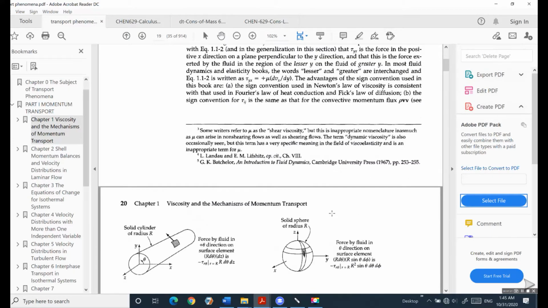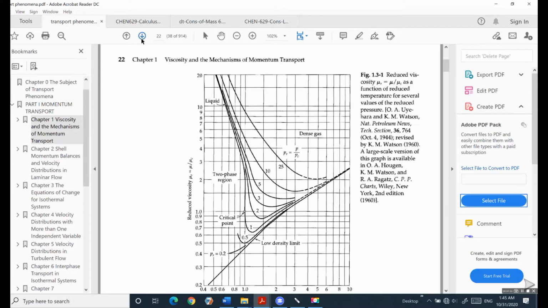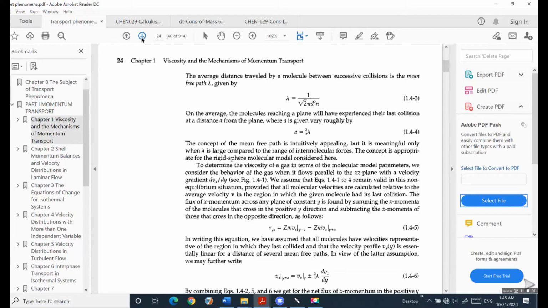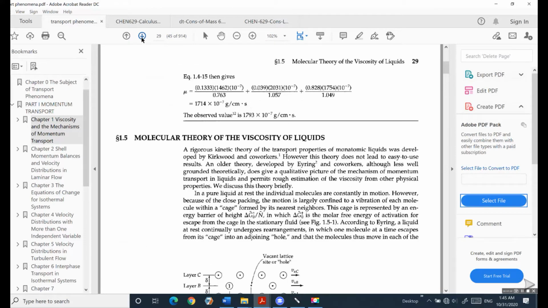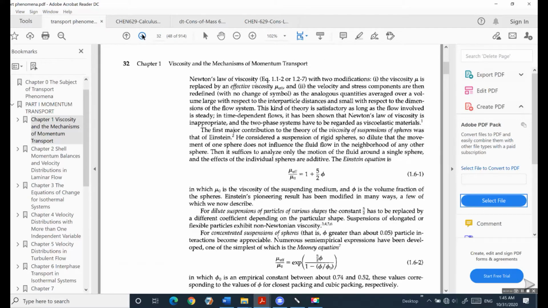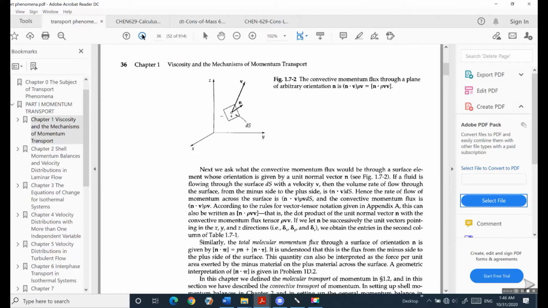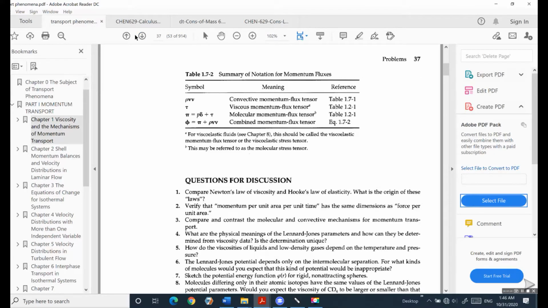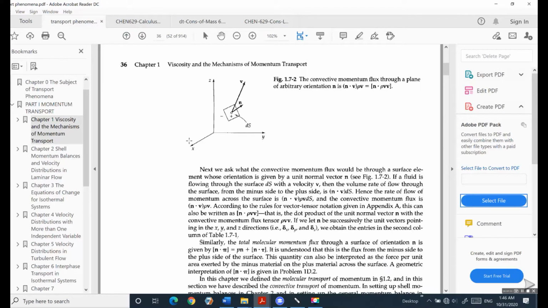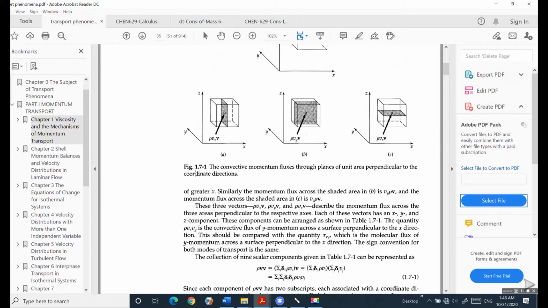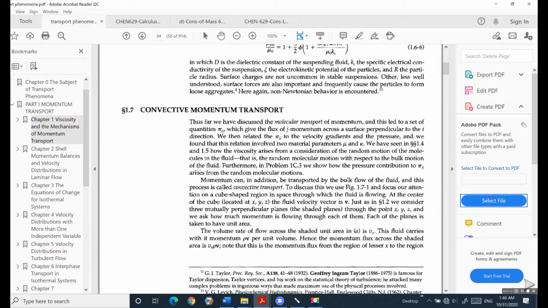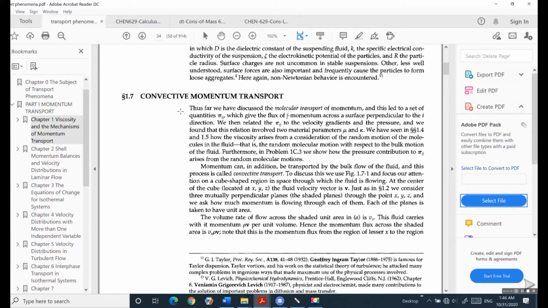If you continue to the final part in chapter 1, you find the convective momentum transport, the second type of transport.